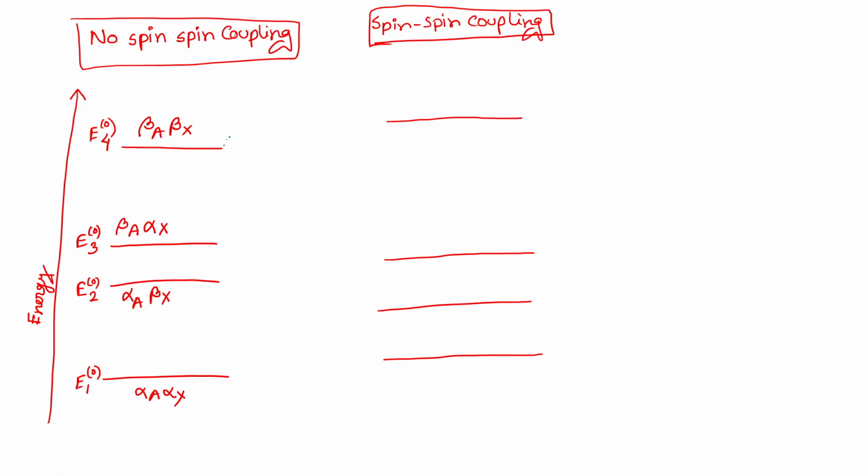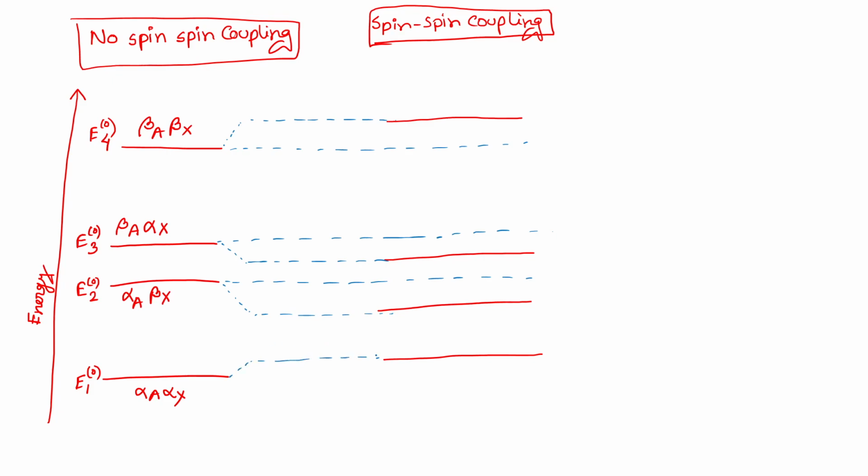So it is something like this. It could have been here, it could have been here, but it is stabilized. Similarly for this, it could have been here, but it is stabilized. It is destabilized, right? So these factors are all the same.